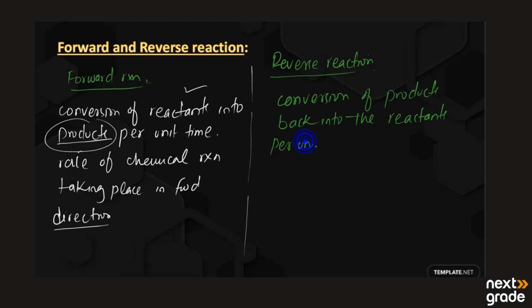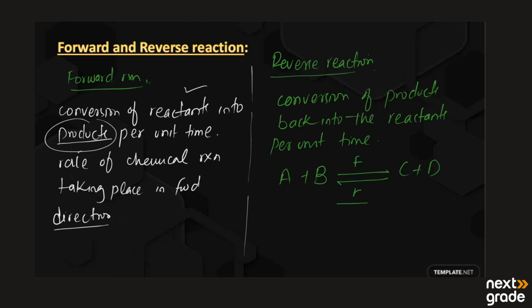This is known as the reverse reaction. As I have already explained in the example, A plus B changes into C plus D, and C plus D is going back to change into the A plus B. So this is the forward reaction and this is the reverse reaction.